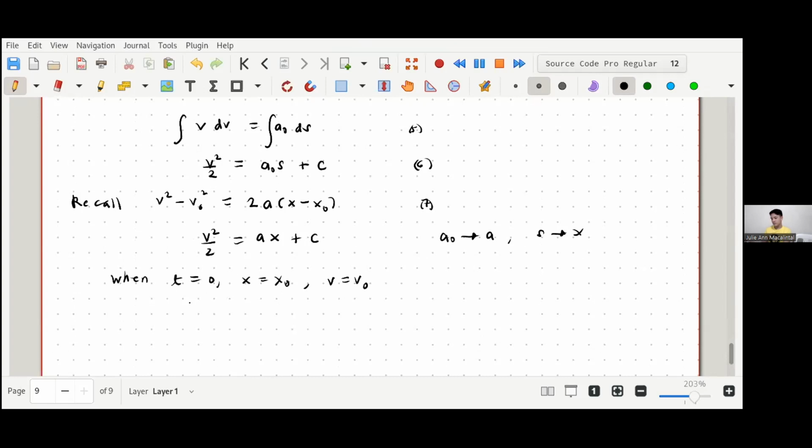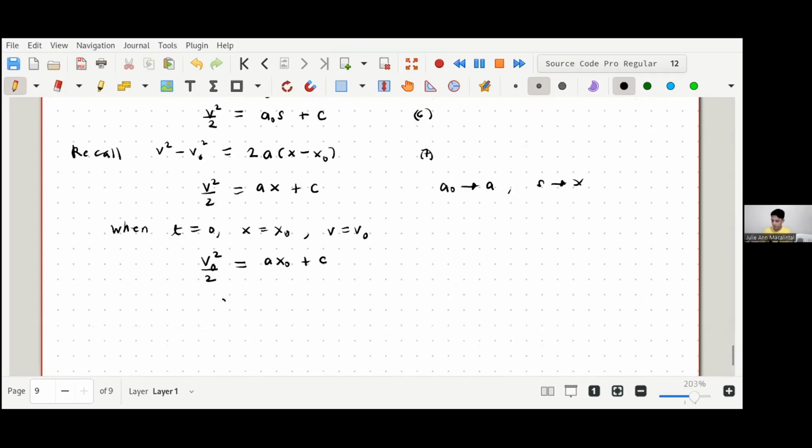And by using this condition, makukuha natin na v sub 0 square over 2 is equal to a x of 0 plus the constant, which means this constant is actually minus a x of 0 plus v sub 0 square over 2.